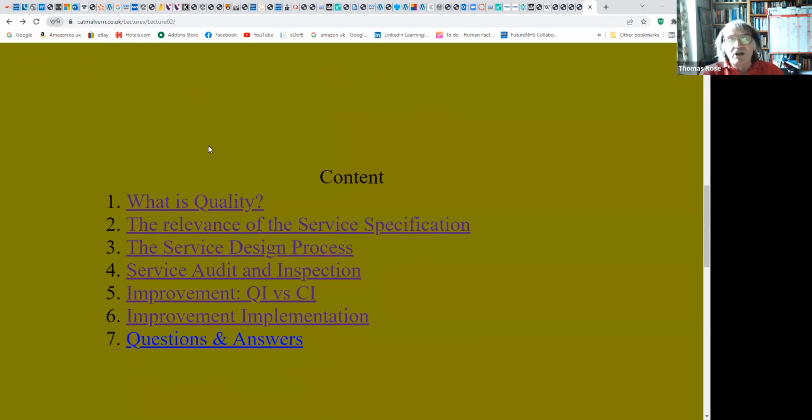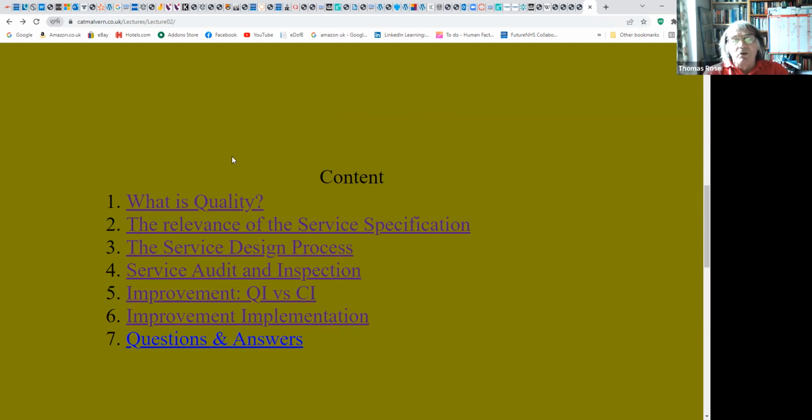So to start off straight away, I'll just go through the content. I'm going to talk about what is quality, and then the relevance of the service specification. In order to understand improvement, you've got to really understand the service design process.